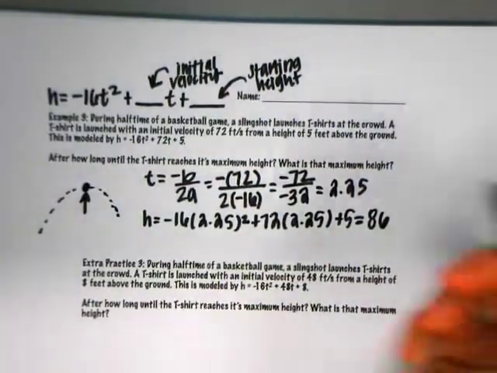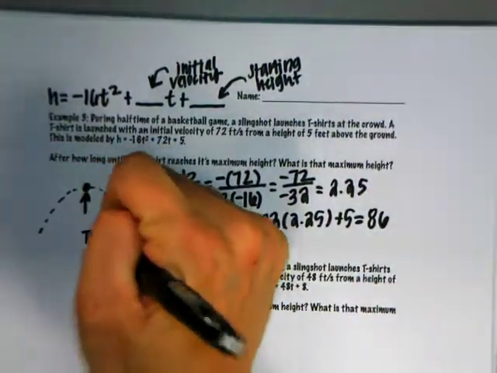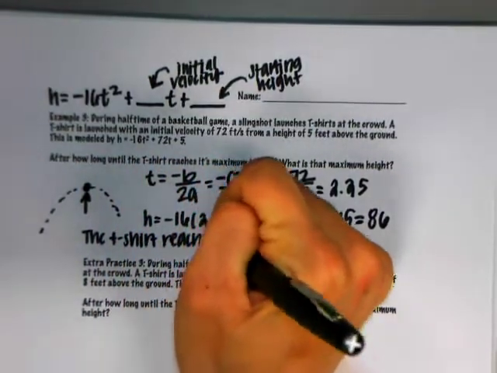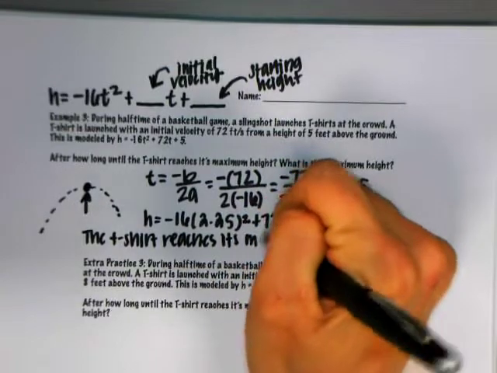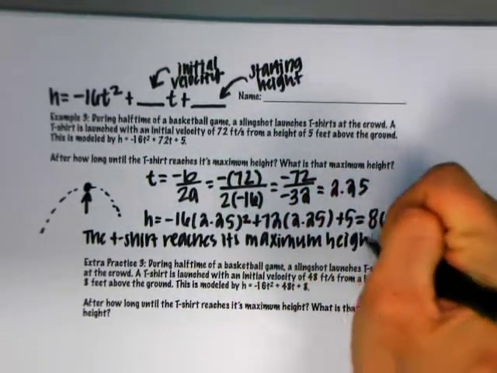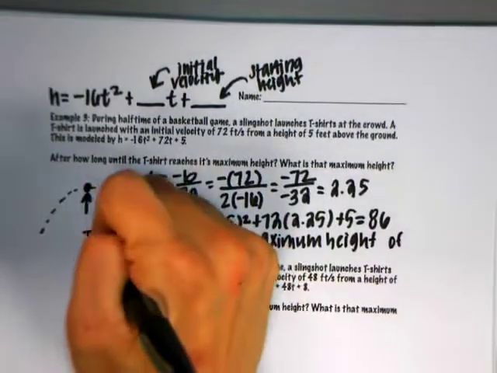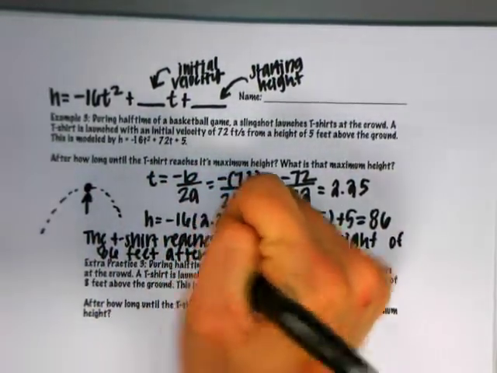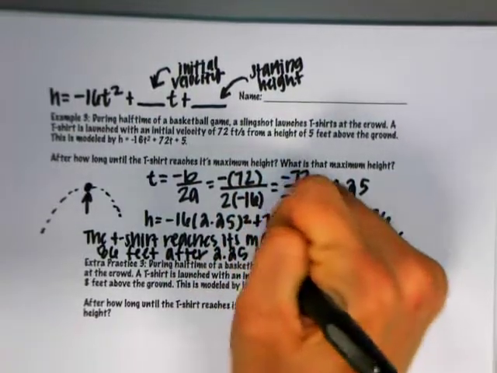Okay, so what this means is the t-shirt reaches its maximum height of 86 feet after 2.25 seconds.